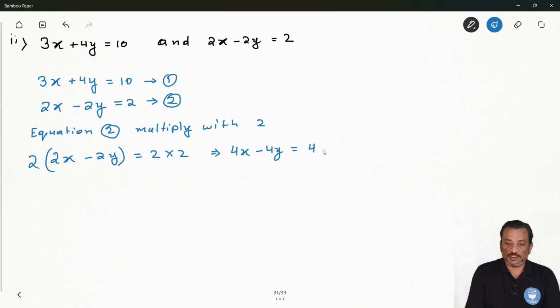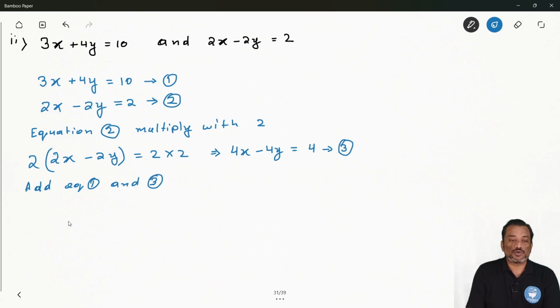Okay. So this you can consider as equation 3. Okay. You got the equation 3. Now we will add equation 1 and equation 3. So we can say add equation 1 and 3. Okay, 1 and 3.